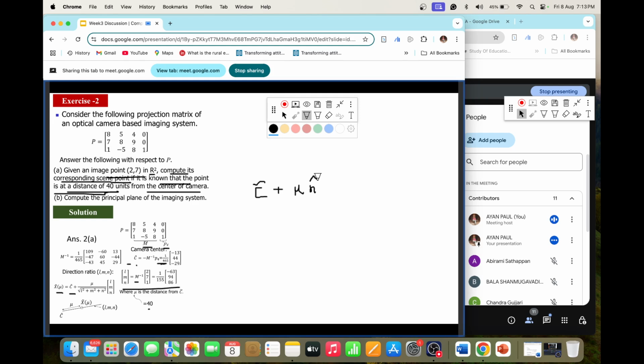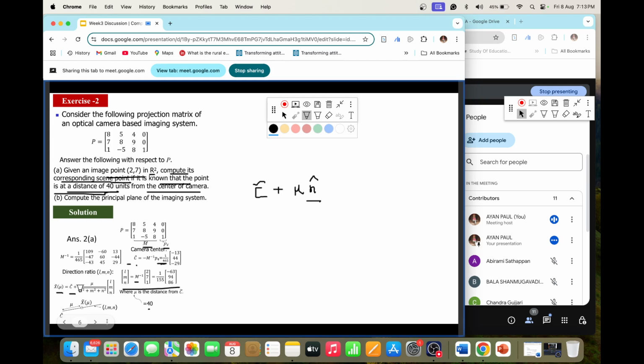And what is this direction? This direction is given by l, m, n over the root of l square plus m square plus n square. So we can find l, m, n, and this l, m, n is nothing but your vector, right? But to convert it into a direction, we have to divide it by its magnitude.